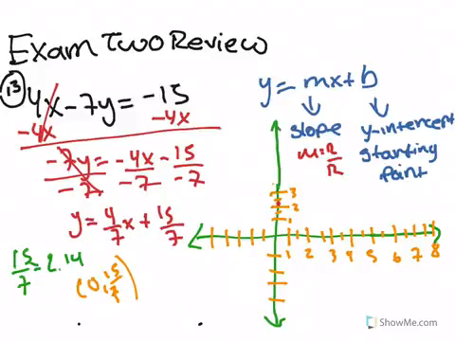Running out of spaces, that's the problem. Okay, so for my 2.14, I'm going to go up 4. So we go 1, 2, 3, and 4. Somewhere around here. But we don't make a point there.